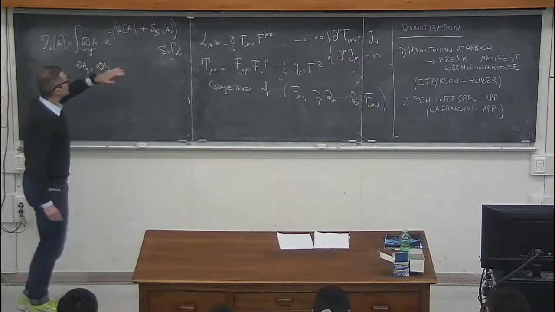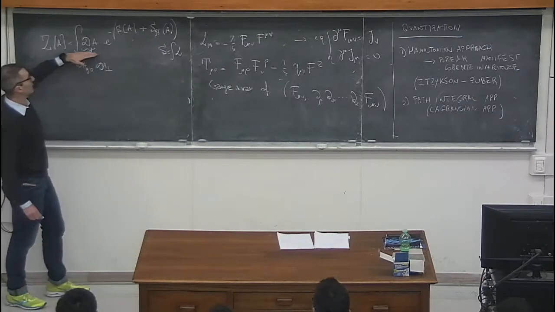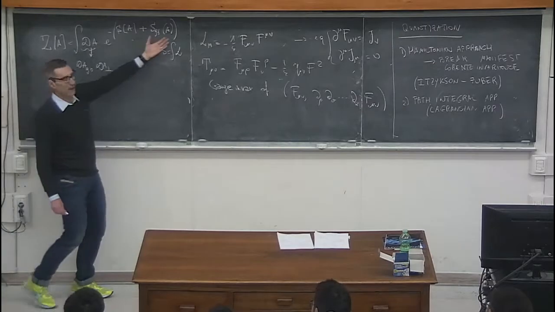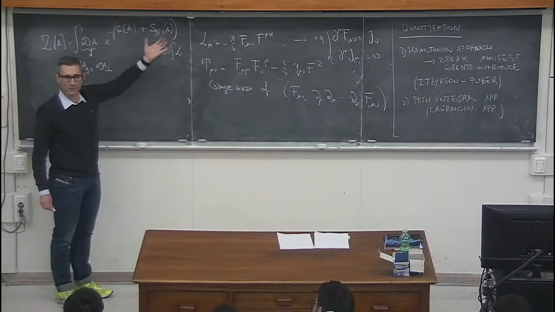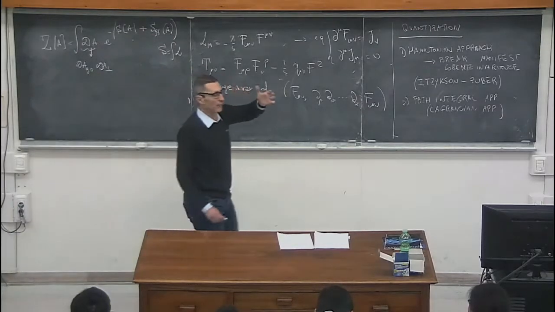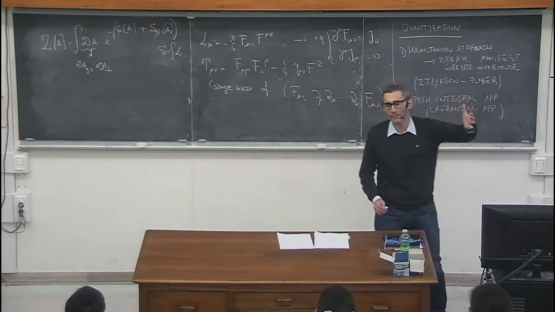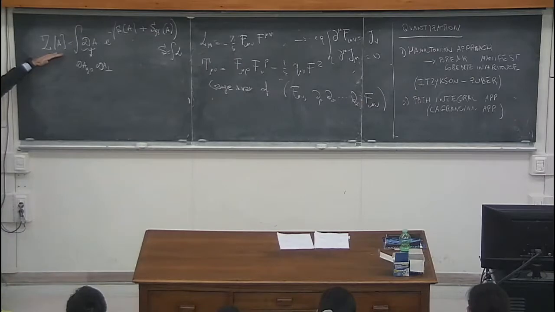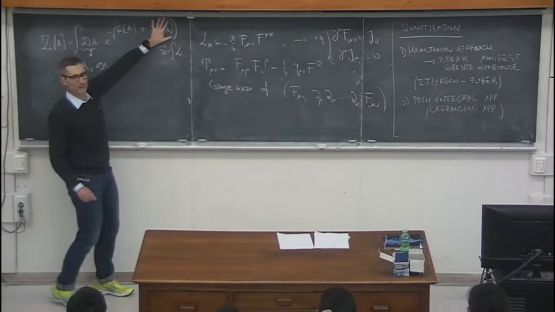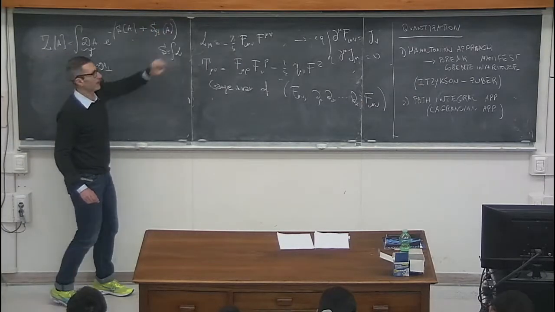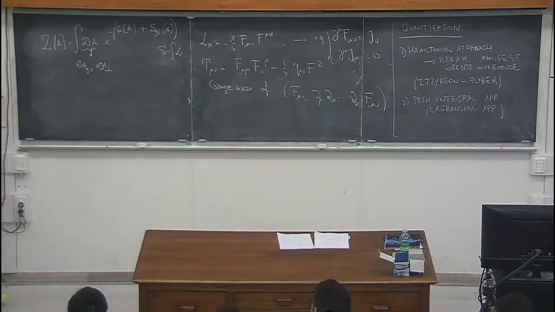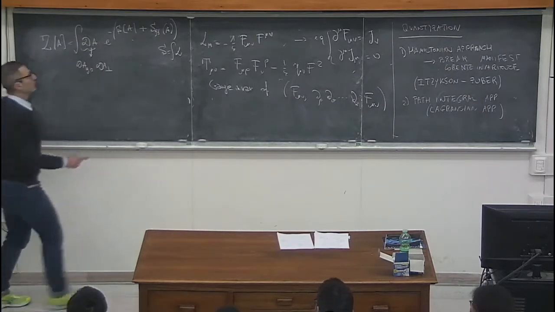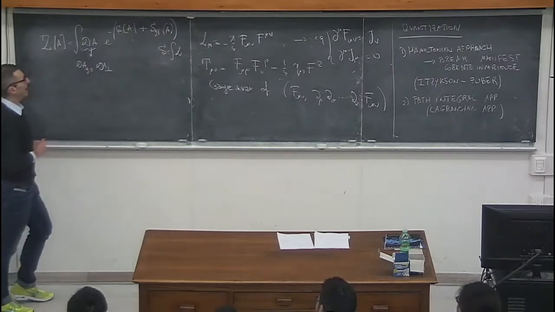But of course, I am modifying the theory by adding a piece. The best thing is to add something which does not affect the final result, but then I have to do it in a clever way, and I will tell you how to do it. Suppose that you do this, so you add the gauge fixing.